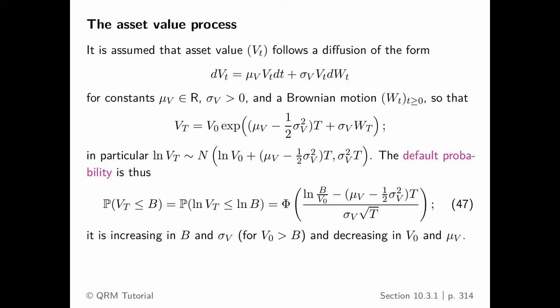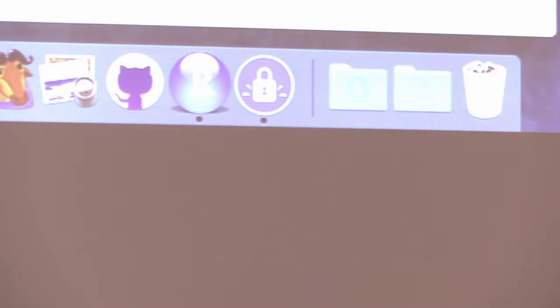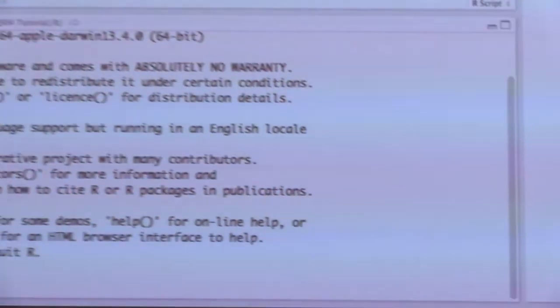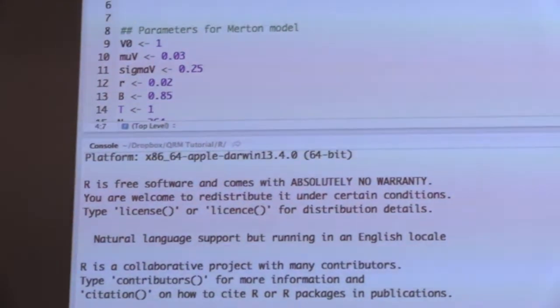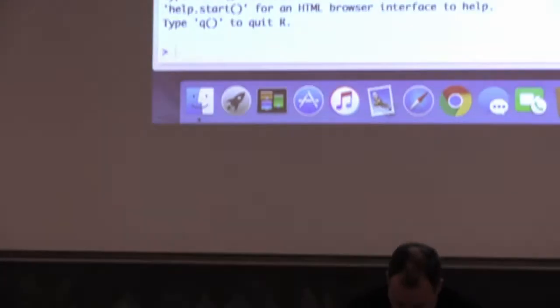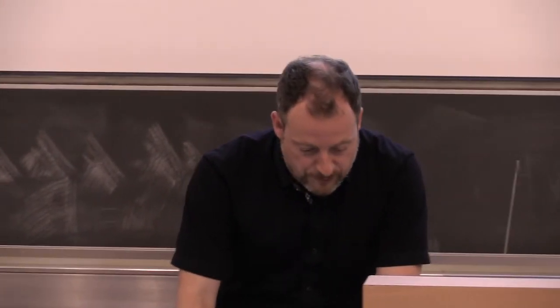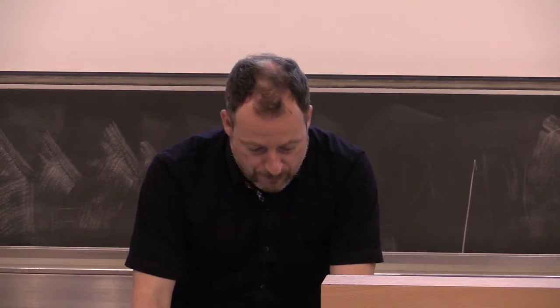Right, let's actually make these pictures, because they are instructive, and talk about them. Okay, so if you want to run this script, it's called Merton Model, mertonmodel.r, and you need two packages. You need QRM tools, because QRM tools has a quick function for computing option values in the Black-Scholes model.